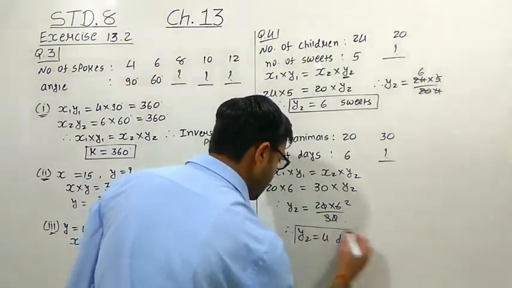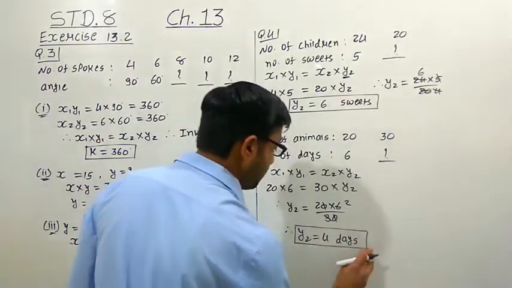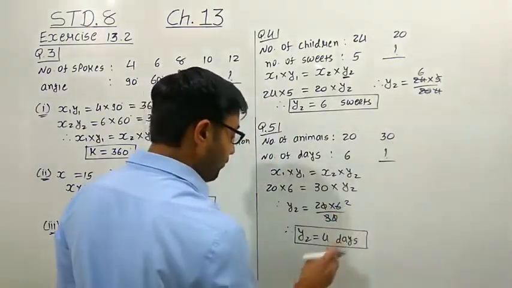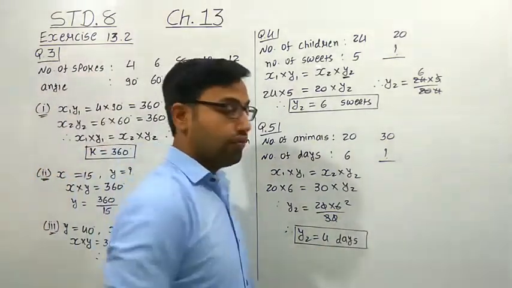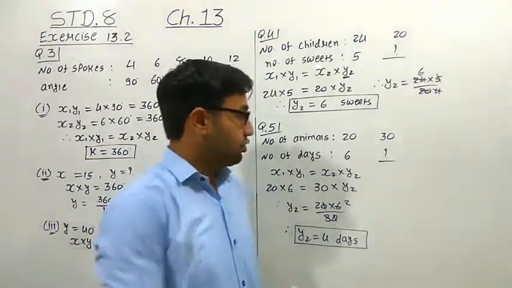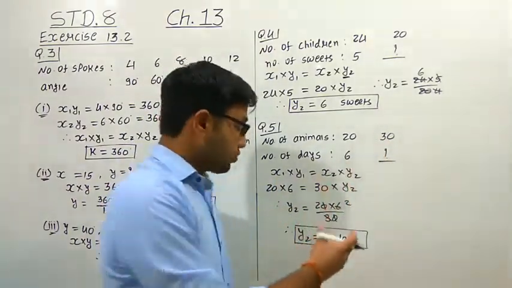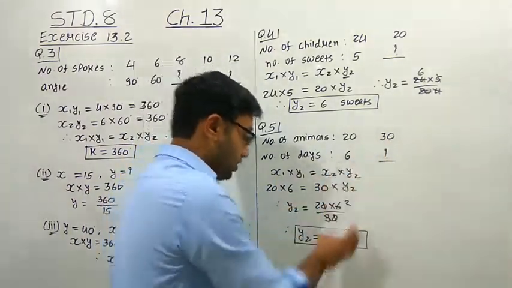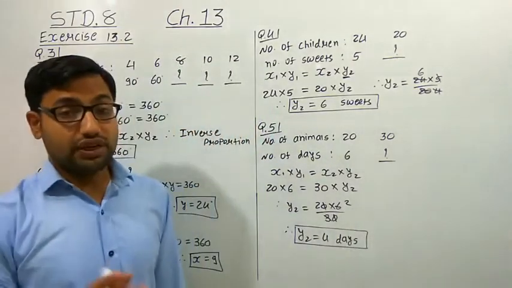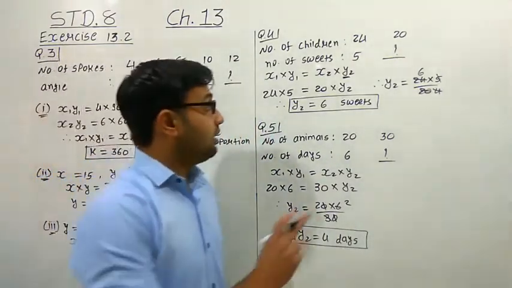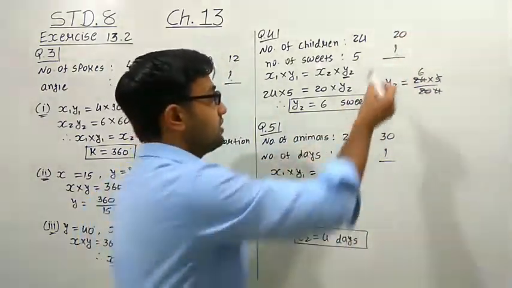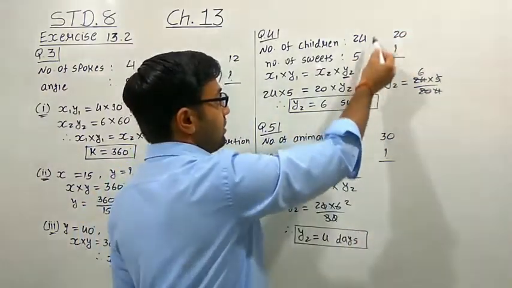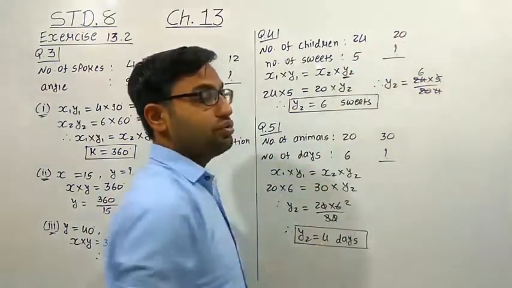That means if the total number of animals is now 30, the food the farmer has can last for only 4 days, because the number of animals is increasing. So the number of days decreases from 6 to 4. Whenever this kind of sum is there, reduce means do not take 4 as the number in this question; reduce means from whatever number is there, we have to reduce that number.